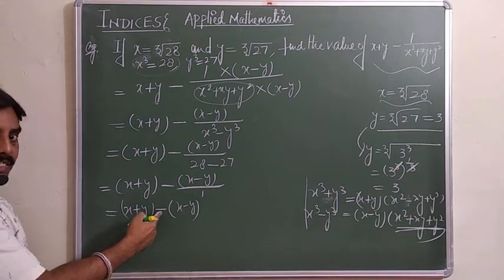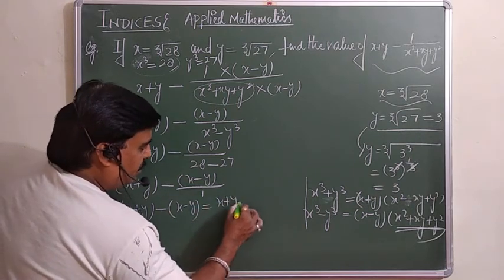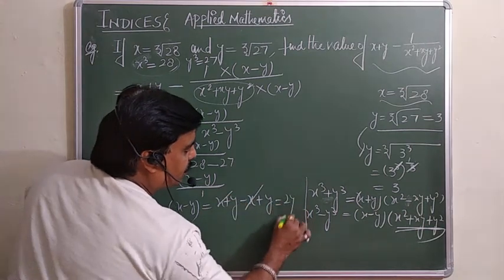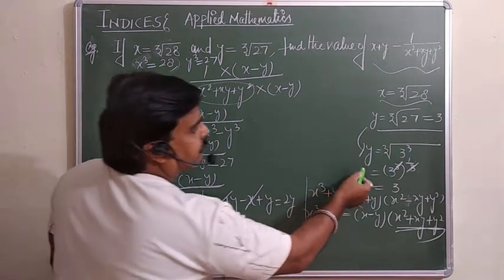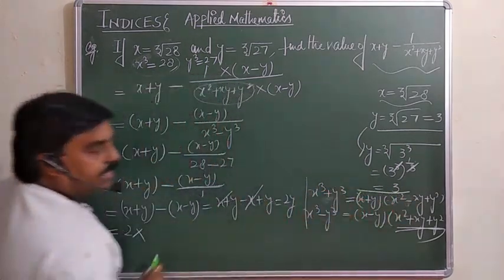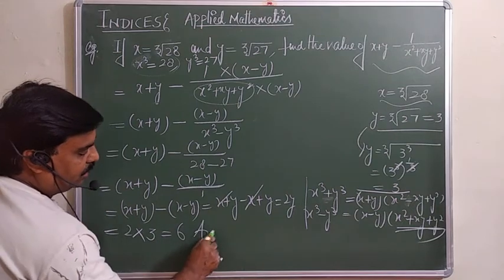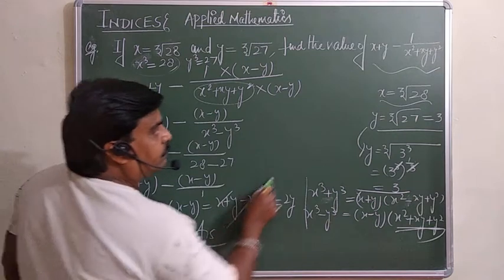Now by this minus sign, the inside sign will be changed. So this is x plus y minus x plus y. X cancels, you will get 2y. So that is equal to 2 into y, and y is already known, the exact value of 3. So this is 2 into 3, that is 6. And this is the value of this one.